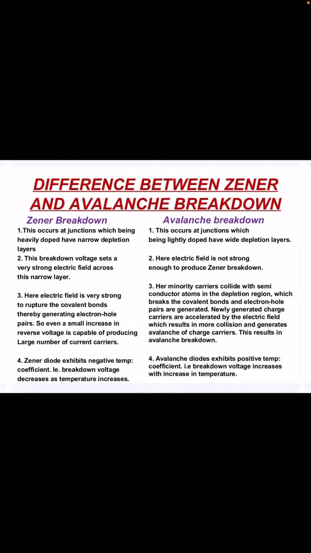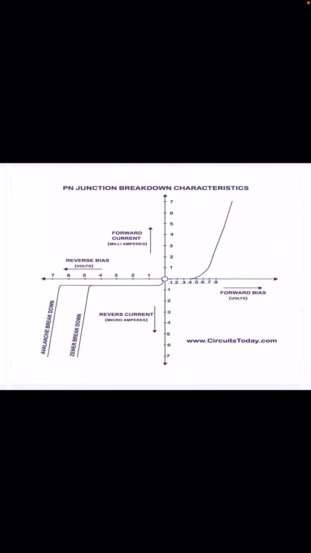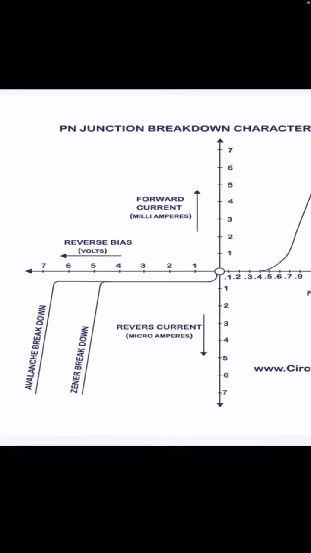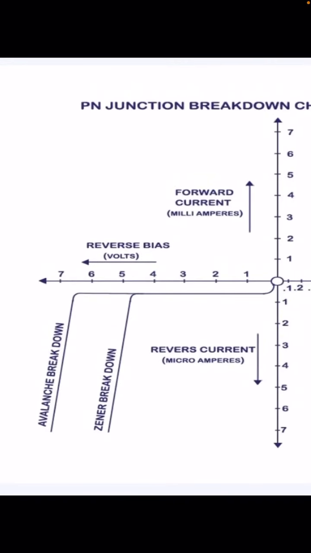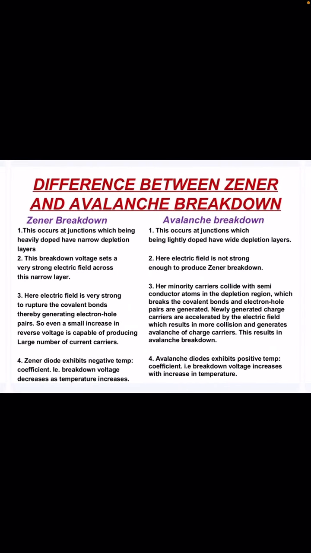That's what we discussed in the previous slide. And in avalanche breakdown, if you see here, this breakdown occurs at a higher voltage than the Zener. So what is the mechanism of this avalanche breakdown?